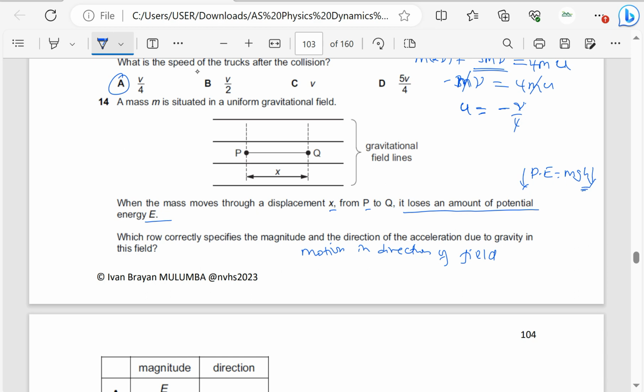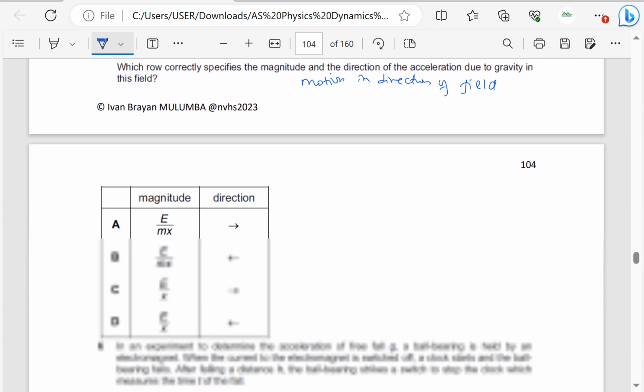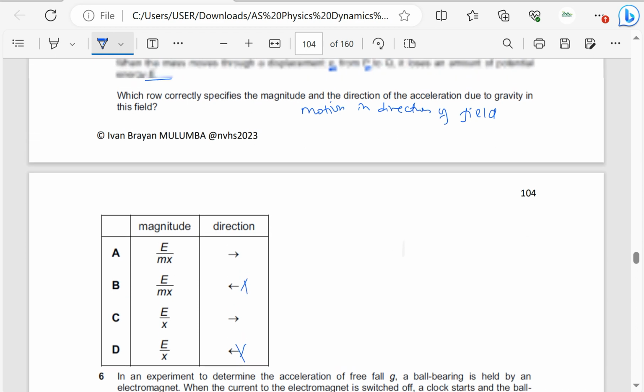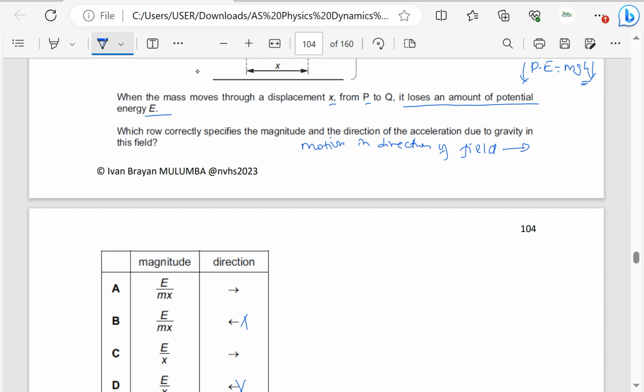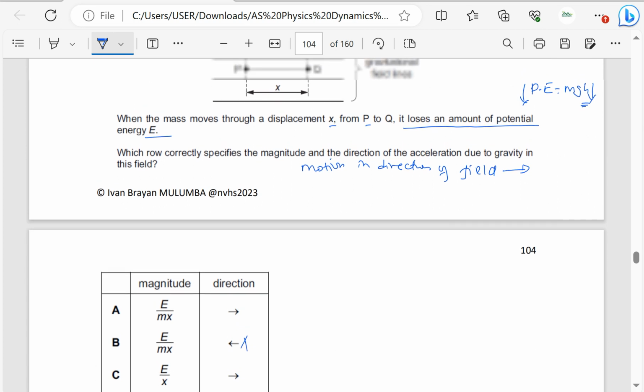So the direction of the acceleration in the field is to the right, so we ignore B and D.